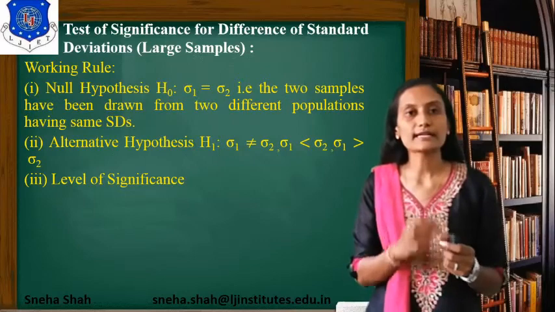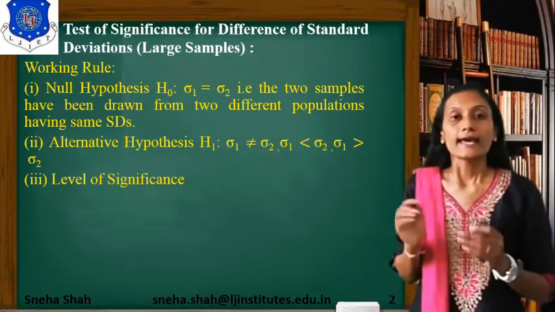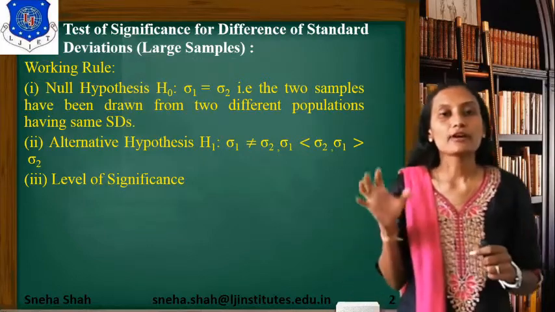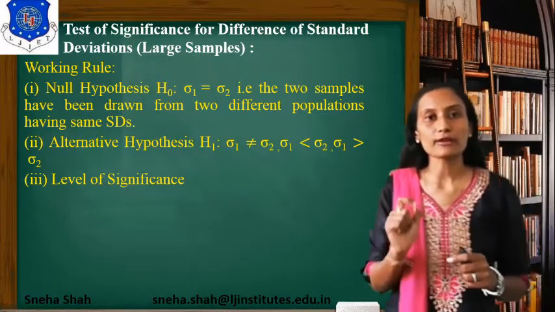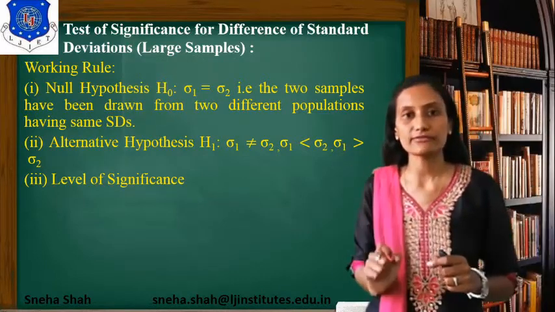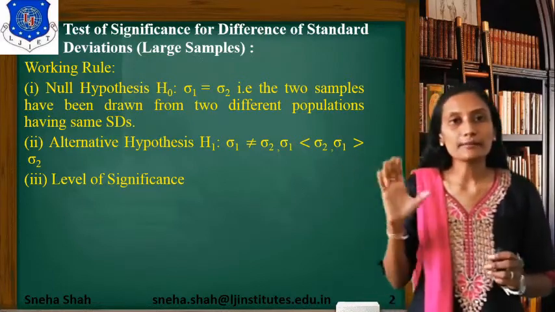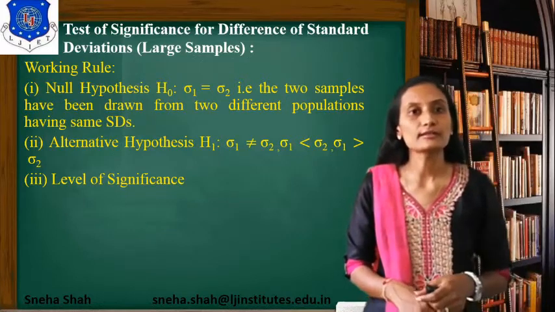For this particular level of significance, we will find the value of Z, and this value of Z will be taken from the Z table. Then we will find the value of the test statistic, and these two values will be compared. After the comparison, we will give a decision based on this, right?